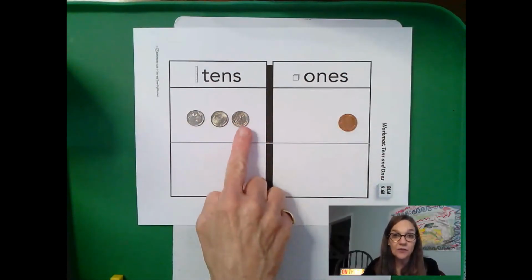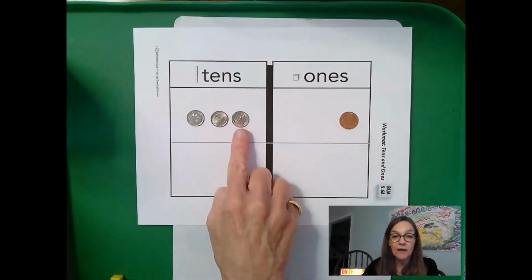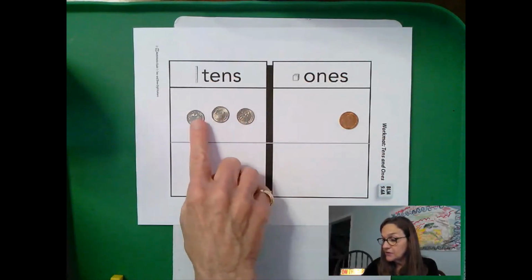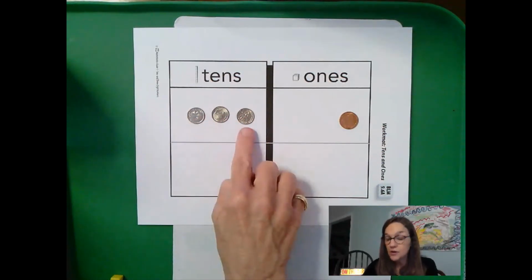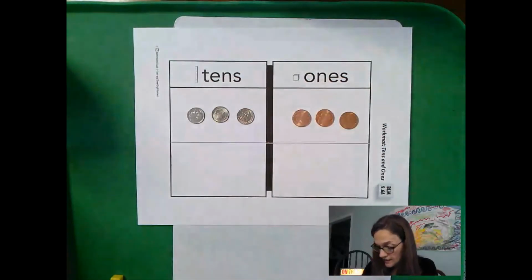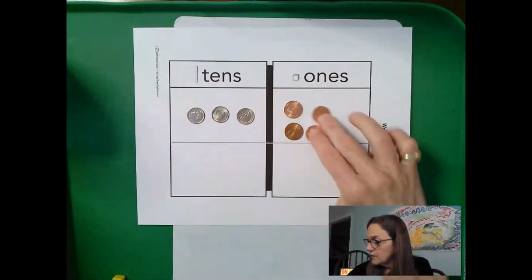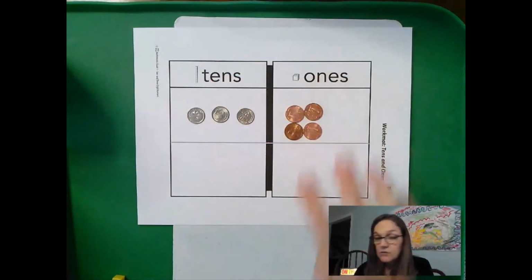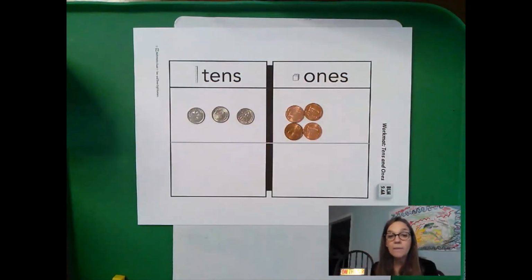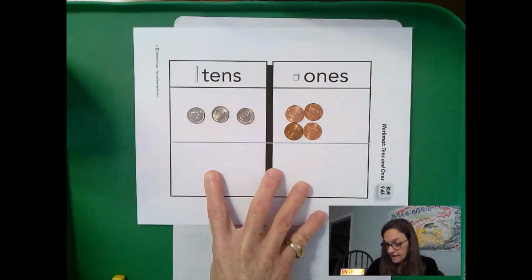This is 10 cents or 10 ones, and it would take 10 ones to make a dime. So this is a 10, and this is a 10, and this is a 10. 30, and then 4 would be 1, 2, 3, 4. There's our 4 ones. We can partner them up like I like to do. Okay, there's 34.